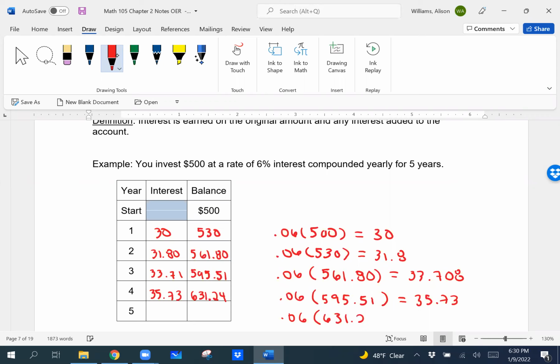So 631.24, times that by 0.06, and I am getting 37.87. All right. So now we're starting to see some much bigger numbers. Adding that to 631.24 gives me 669.11. And there you go.